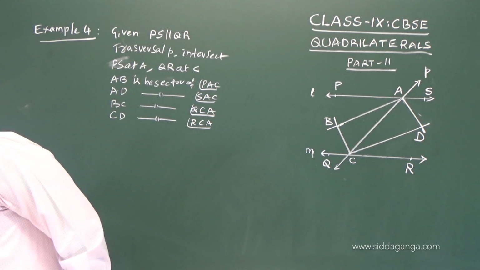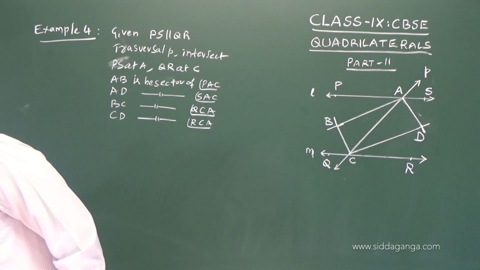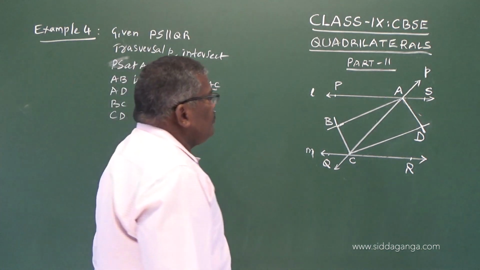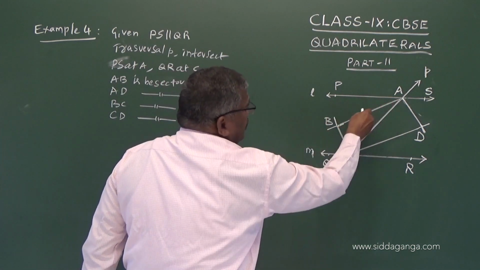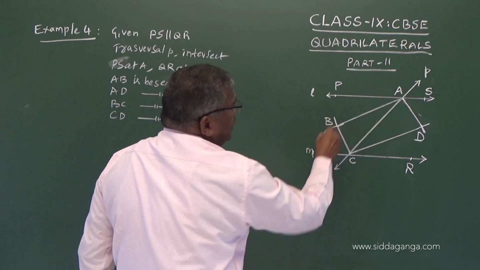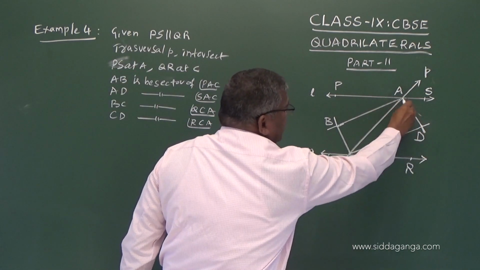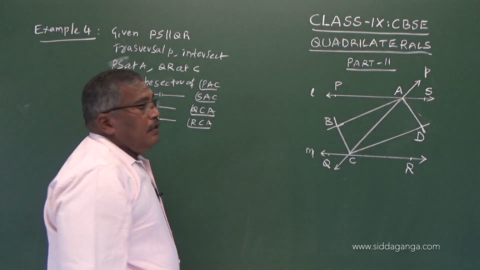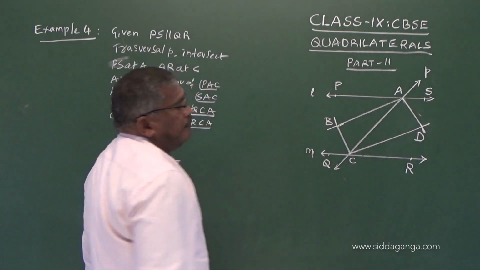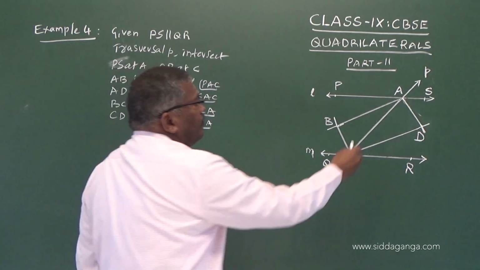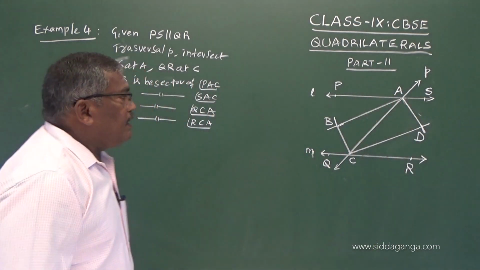Now, show that the quadrilateral formed by the bisectors of interior angles is a rectangle. So observe here, AB and BC, these two bisectors meet at B, and AD and CD bisectors meet at D. So ABCD, we should prove that is a rectangle.